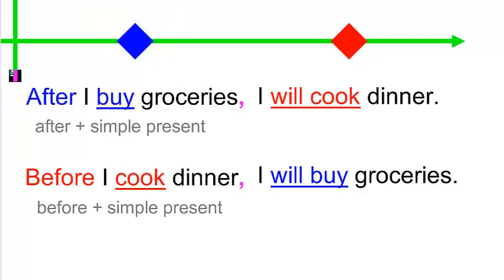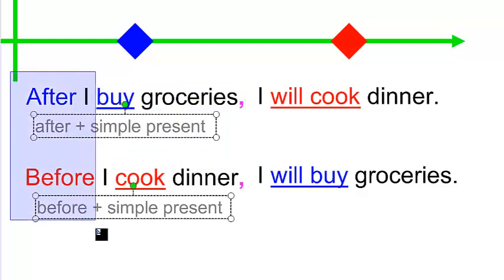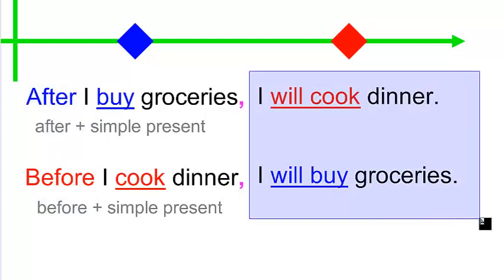Remember to only use one of the two. Either use after or before with a simple present in every case. But don't use the two things at the same time. Don't say after I buy the groceries, before I will cook the dinner. That's incorrect. Only use one of the two. And remember, the second part of the sentence is always going to be with will.